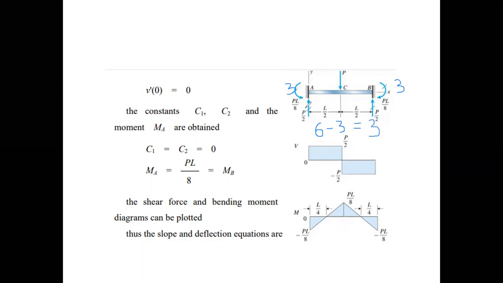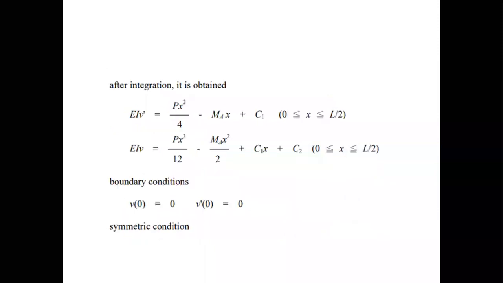So basically we can clearly see that 3 extra equations are there. Hence we need to calculate the unknowns, and in this case the unknowns are HA, HB, also this MA and MB. So in order to calculate the unknowns, we need to do this procedure in which we can clearly see this case was a case of a symmetrical beam.